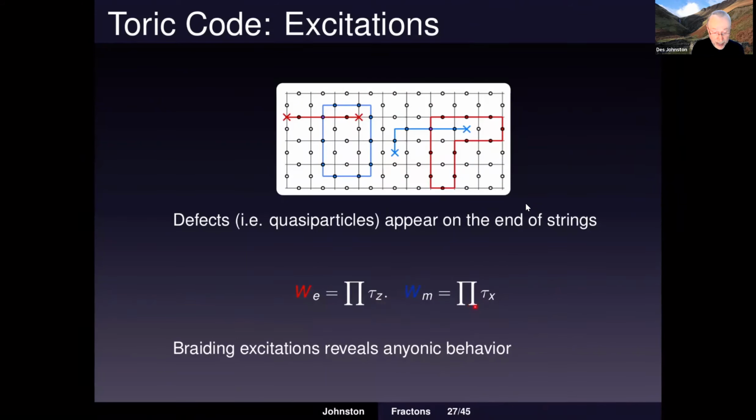And a string of tau x's, blue here, will give me a couple of magnetic excitations sitting in the middle of the plaquettes here. If I braid these excitations, they're created in pairs from these strings, I need to drag the strings along with them, and taking the Pauli matrices through each other will give signs, depending on how I braid these things. That's why the toric code's interesting.